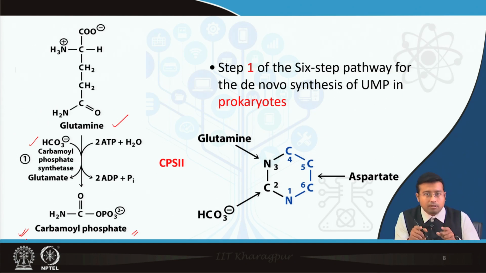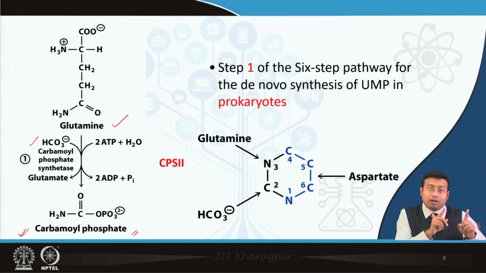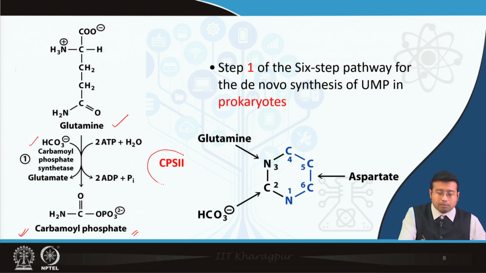I hope you remember, because I said we will again encounter carbamoyl phosphate during pyrimidine biosynthesis, because we discussed the enzyme carbamoyl phosphate synthetase 1. Here we are discussing carbamoyl phosphate synthetase 2. So, this is the first step that is catalyzed by carbamoyl phosphate synthetase 2, where glutamine and carbon dioxide form carbamoyl phosphate.